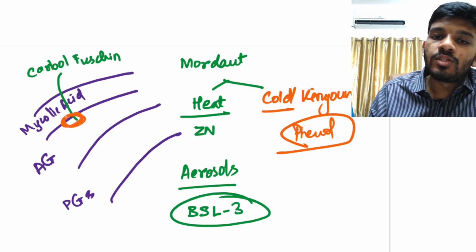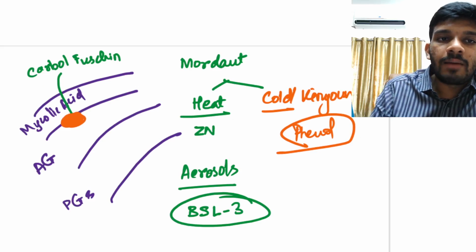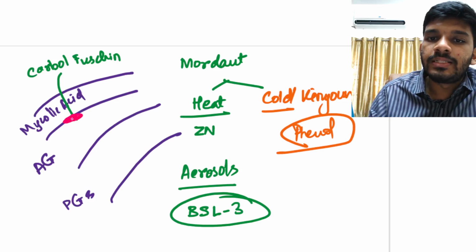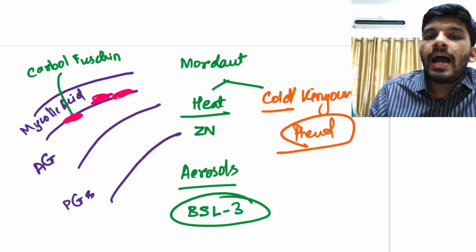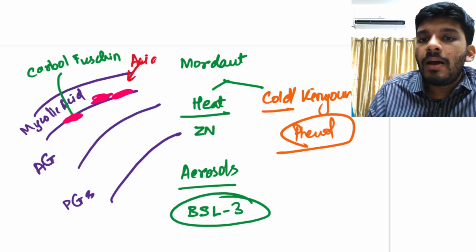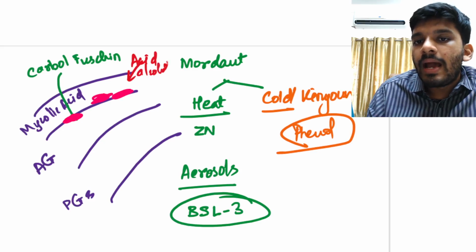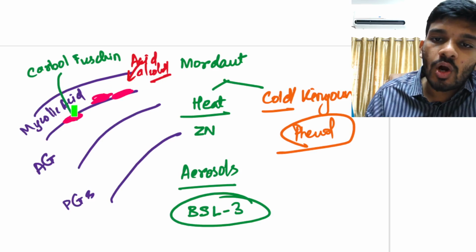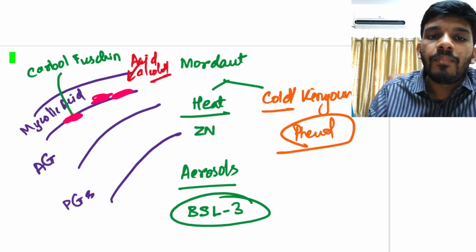When you put this mordant, the red pink color of the carbol fuchsin sticks, and then you try to decolorize it with acid alcohol, but that doesn't work. Then you put a counter stain, malachite green, but because it is not decolorized, it will not take up malachite green.